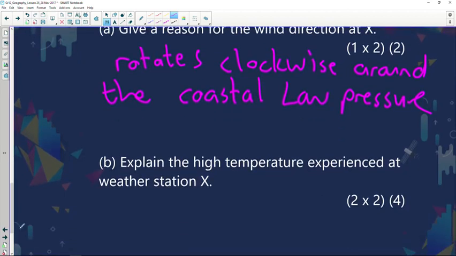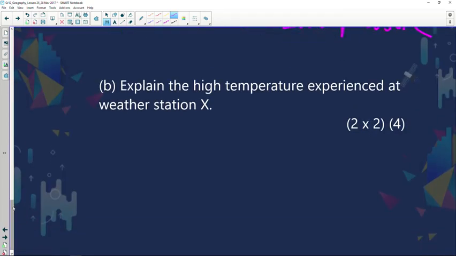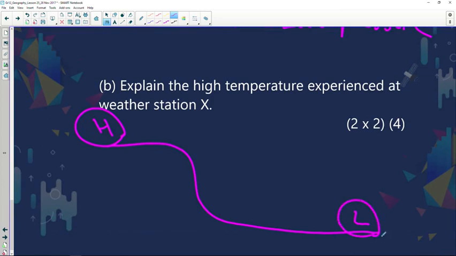Explain the high temperature being experienced at weather station X. Now, the reason why is very similar to the question. If you look, there's a high pressure over the interior where Pretoria is, and there's the coastal low pressure. So what happens? There's subsiding air. Now, you know air that moves, wind is air that moves from a high pressure to a low pressure. So what happens? This air moves down the escarpment to the coastal low pressure.